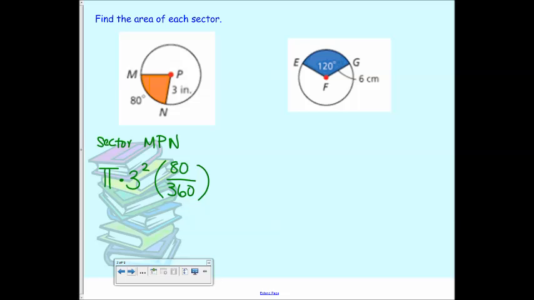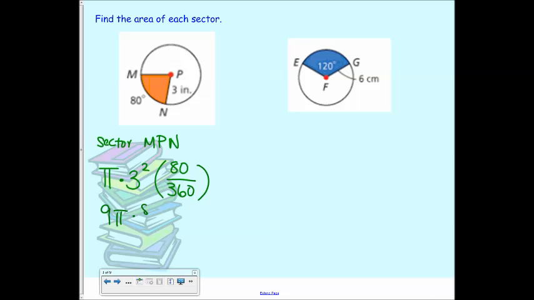So what would be the easiest way to do this problem? Probably do the radius first, which gives us 9 pi times 80 out of 360. If I'm going to leave it in terms of pi, I'm basically doing 9 over 1 times 80 over 360. You're more than welcome to use a calculator. But what's 9 times 8? 72.